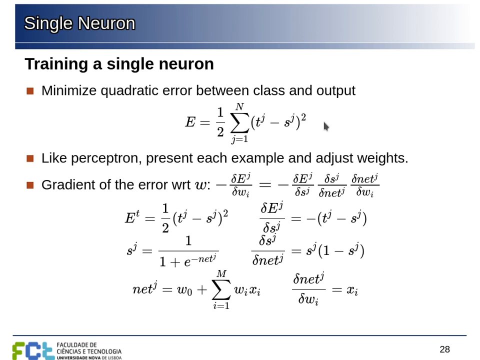So let's suppose we have this quadratic error. This means that the output of the activation function of the neuron, the difference between that and the target value for this particular example J, we take the difference and square that, and now we sum everything for all examples in our training set.